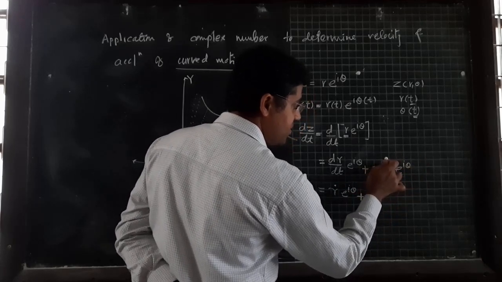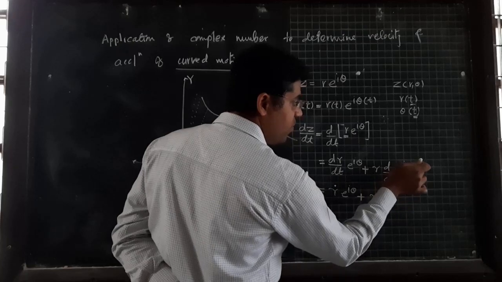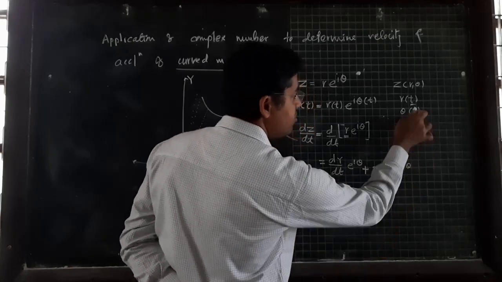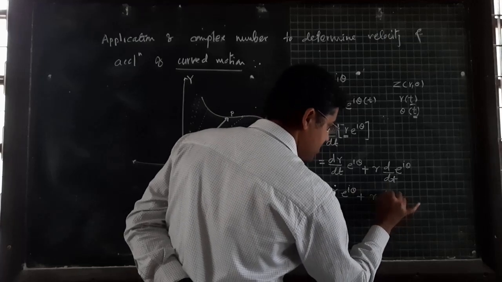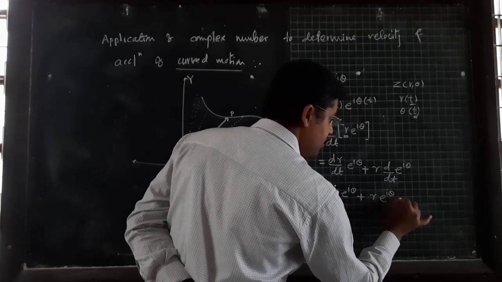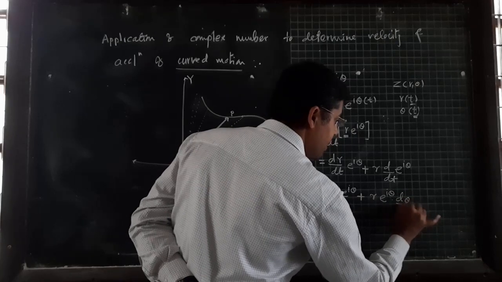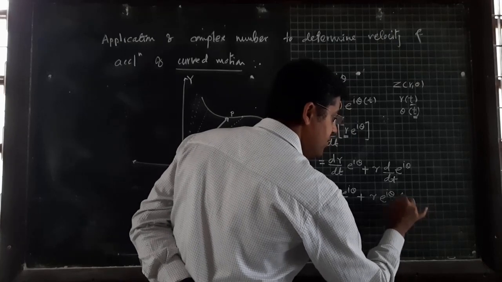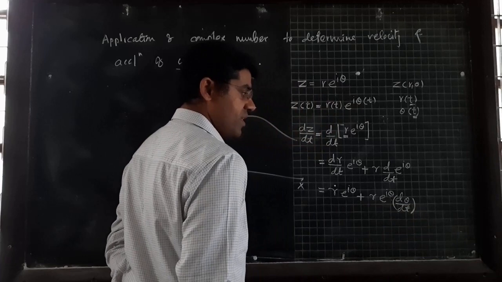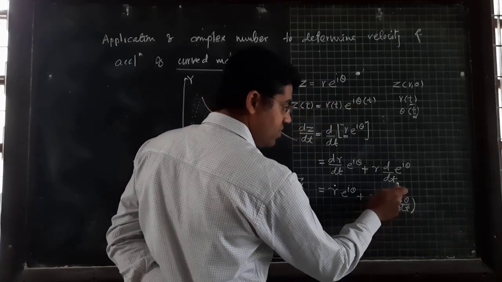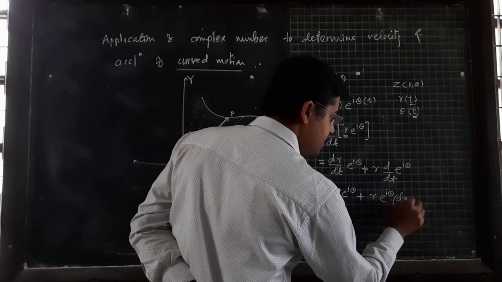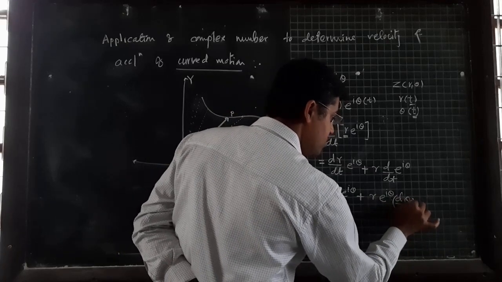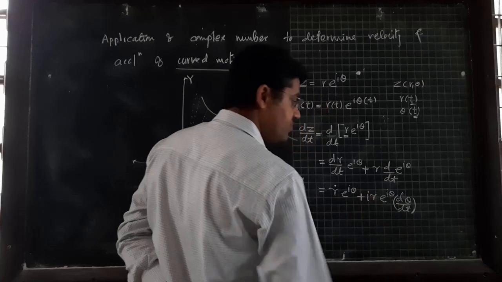Now differentiation with respect to t of theta. Theta is also a function of t. So e raised to x is e raised to x, so e raised to i theta into d theta by dt. Okay, differentiation of this particular quantity gives i theta dot, so i we can take outside.